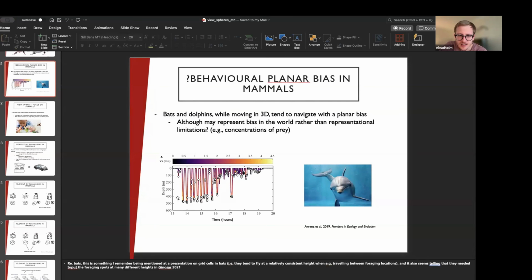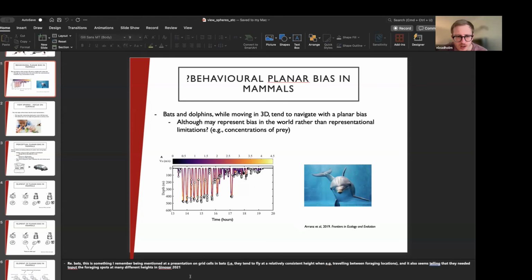You see how they go to 400 to 500 meters and then basically spend hours, or minutes, at that depth, and then they go up to get air, and then they go back down, and then they spend a while. They're not spending loads of time going up and down. Of course, that could have other explanations. You can imagine that certain animals, like other fish, also tend to survive at certain depths because of whatever light and food is there.